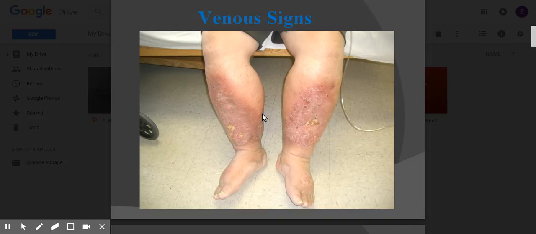Hemosiderin staining occurs when the fluid in the tissues becomes so overloaded that the capillaries themselves are actually stretched and ripped apart, and red blood cells pour out into the interstitial space. And then as the body breaks down those red blood cells, you're left with an ochre color in the shins, which is referred to as hemosiderin staining and is the equivalent of tattooing of the tissue.